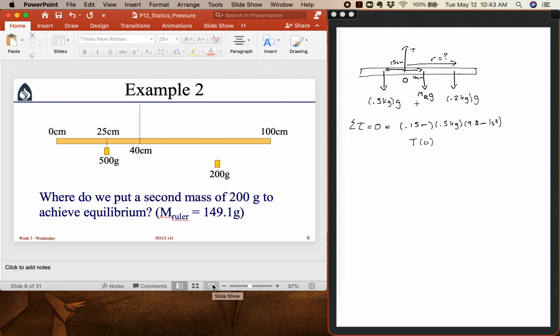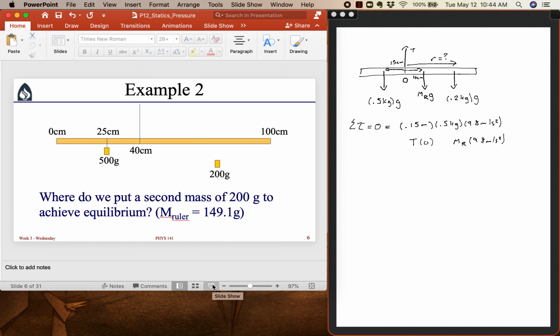All right, so next let's think about the weight of the ruler. So we have the mass of the ruler times 9.8 meters per second squared. And is this going to be a positive torque or a negative torque?